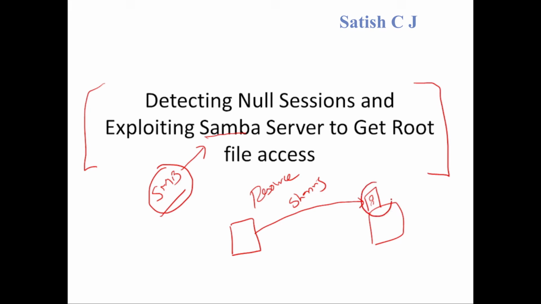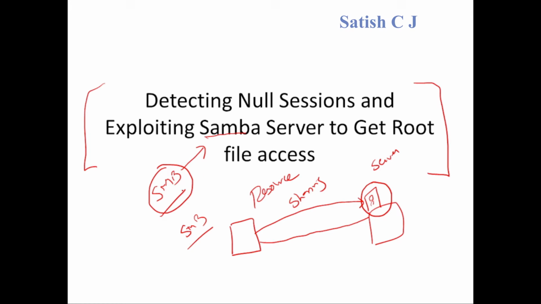To access these shared files, we need some kind of a server which will help us authenticate the users that are requesting access for these shared files. And the protocol that is used for this communication is called SMB protocol, server message block. So there's a request coming in for accessing the shared file and also a response going back. It's not only with files, it can also be with printers and other resources in the network.